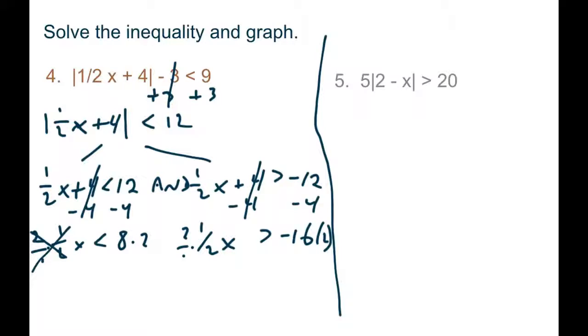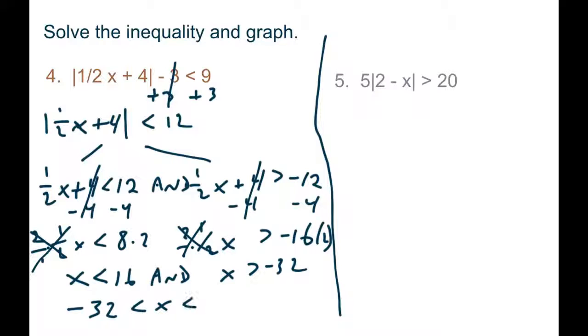This all cancels. x is less than 16. This all cancels. x is greater than negative 32. We want to write our final answer as negative 32 less than x less than 16. That would be the way I'd like to write that.